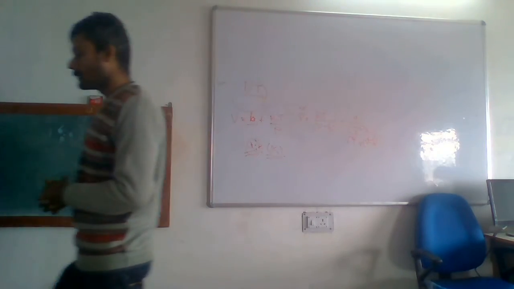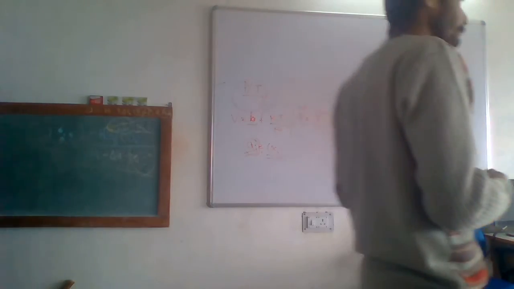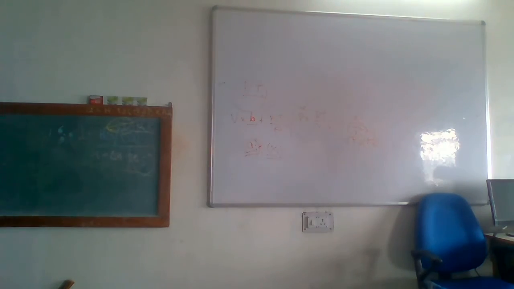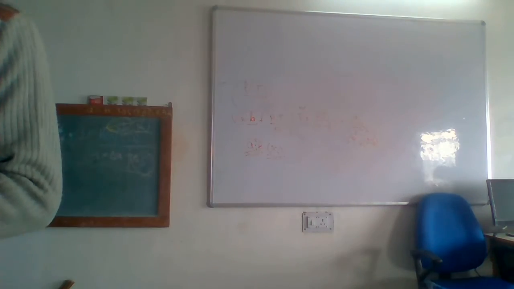So the number of variables you can imagine, if the chemical potential of a reaction might have 10 or 12 variables, how many variables could be there? 20, 25 or much more than that.